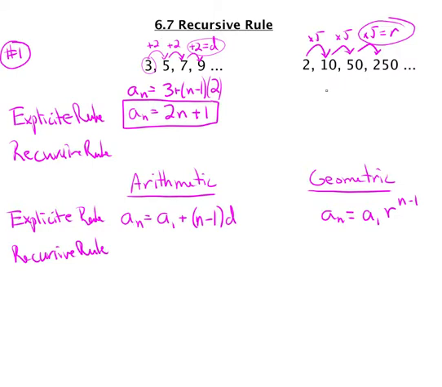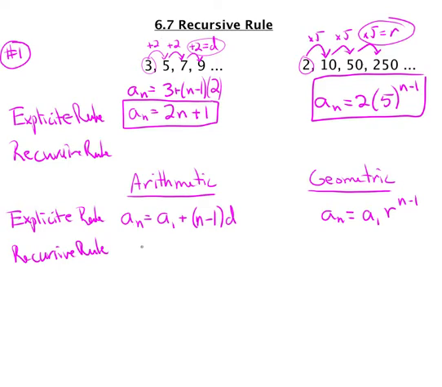So if we bring it back up here, we'll have a sub n equals 2, our first term, times r, or times 5, to the n minus 1 power. And that is the explicit rule, the geometric explicit rule.